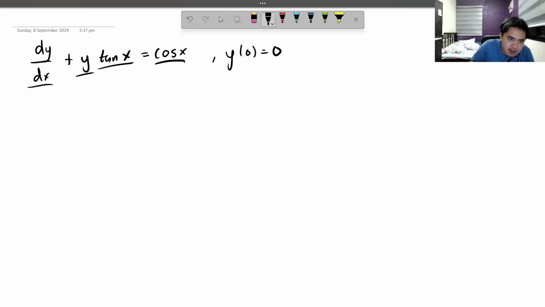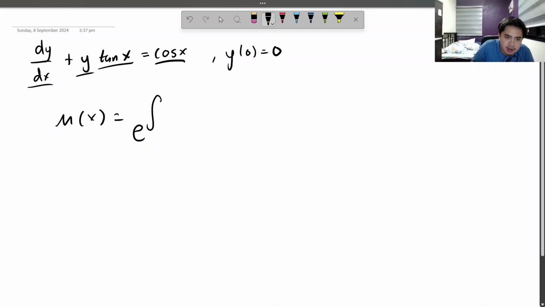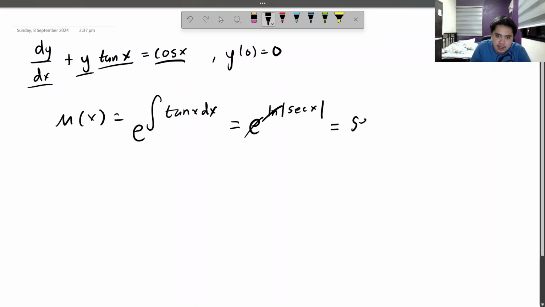So now we just have to find the special integrating factor. e to the integral of tangent of x. Now, if you remember, the integral of tangent of x is ln of secant x.